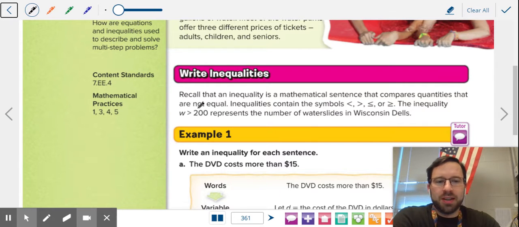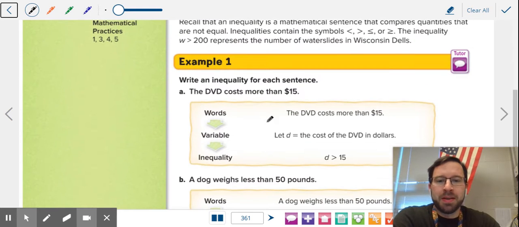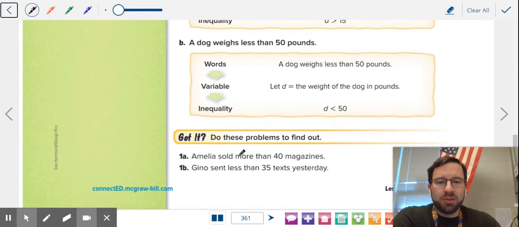So this means that the answer can be that number or less, that number or greater. Okay, so this says that the number of water slides is greater than 200. It cannot be 200. It has to be 201 or more. Okay, so when we write them, Amelia sold more than 40 magazines. So I like to use the variable that goes with the word. They're pretty easy to write once you understand what you're talking about.